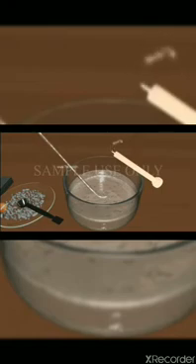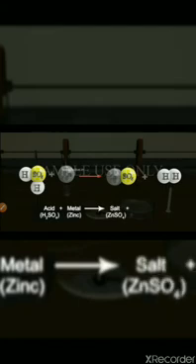That means metal displaces hydrogen from the acid. Zn plus H2SO4 gives ZnSO4 plus H2. Acid plus metal gives salt plus hydrogen gas.